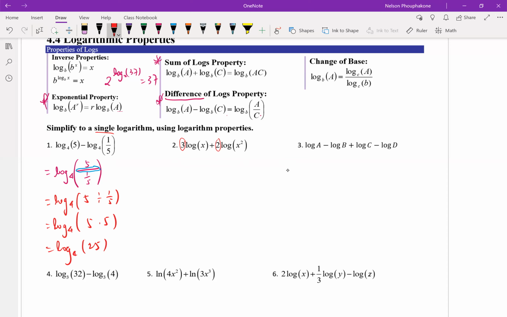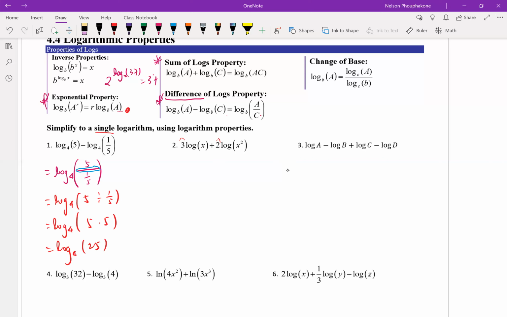If you look back, the coefficient for additions or subtractions is either positive 1 or negative 1. So if we have a number in front of it, we have to use the power property to take care of it first.